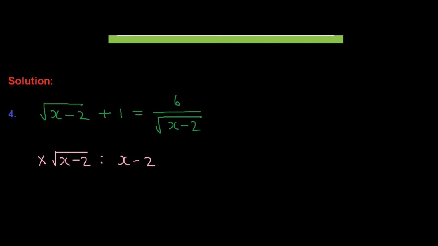And of course here we are using the surds law that says the square root of a times the square root of a is a. Then plus 1 times the square root of x minus 2.